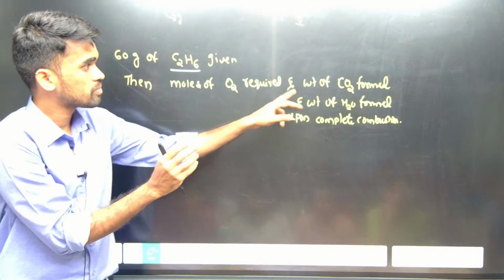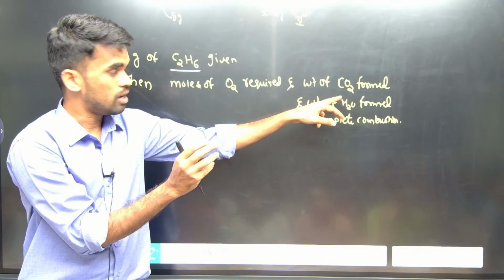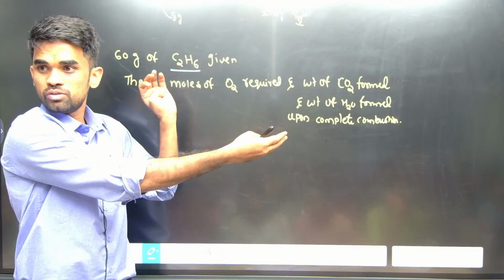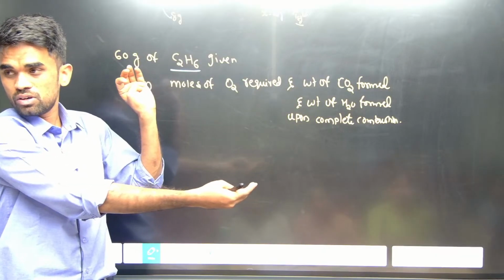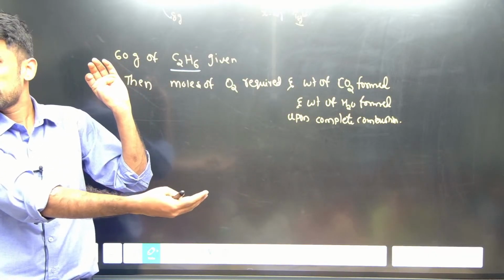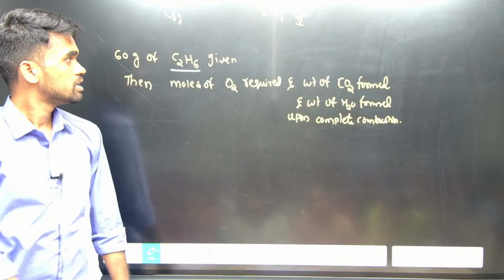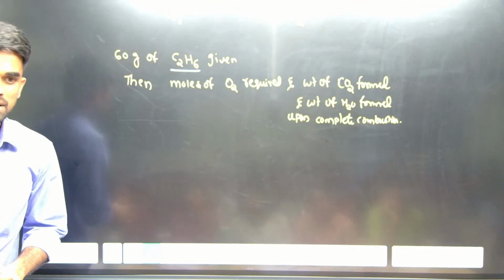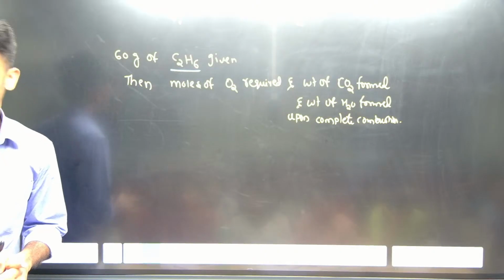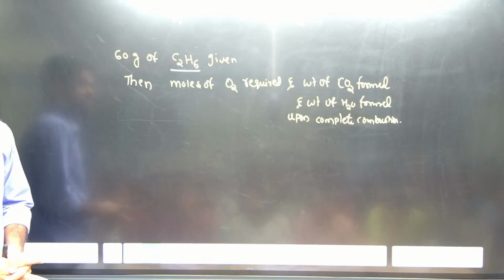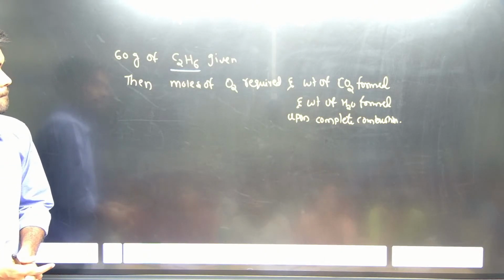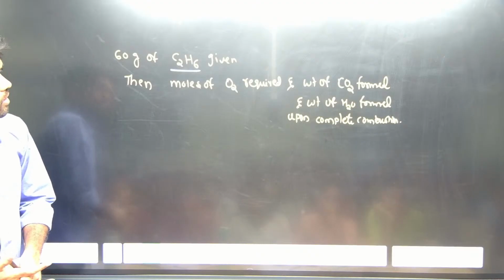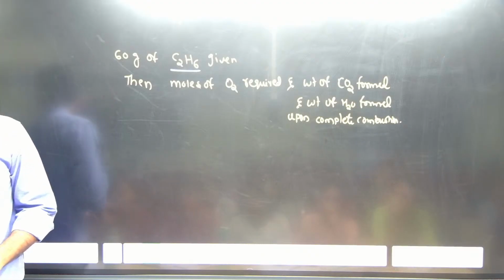Next one, CO2. Same mole ratio, find it and get the answer. Okay, got anyone? 7 moles of oxygen. Anyone? Same answer? Okay. 44 grams, just 44 grams of CO2?